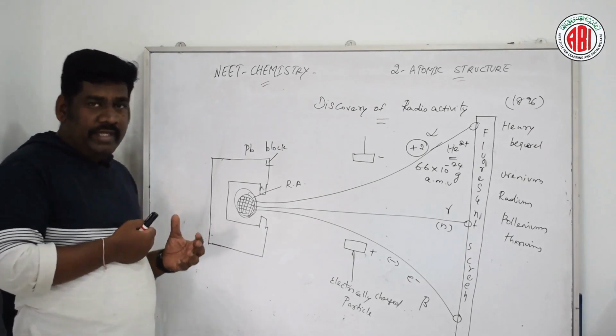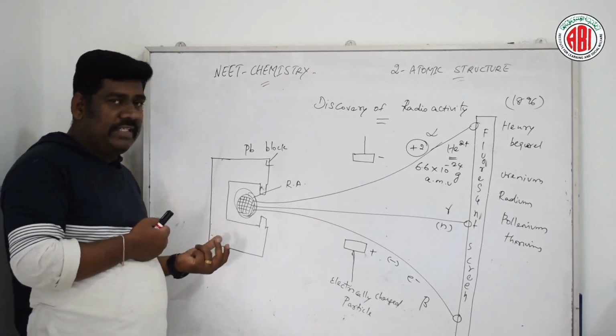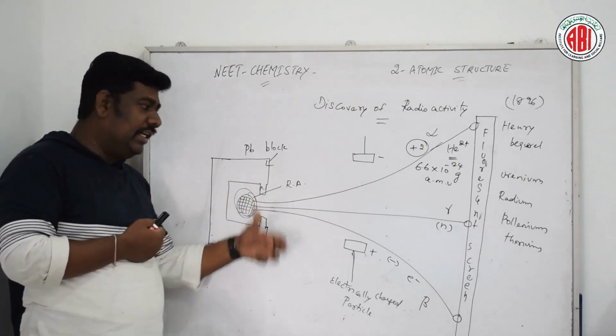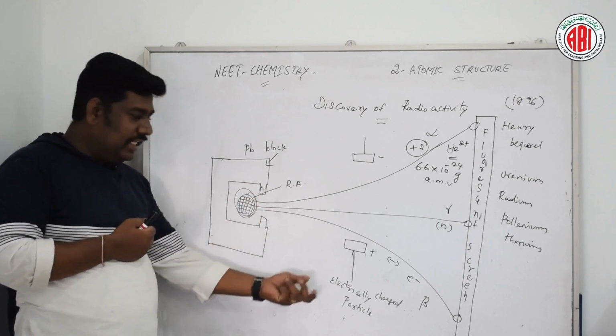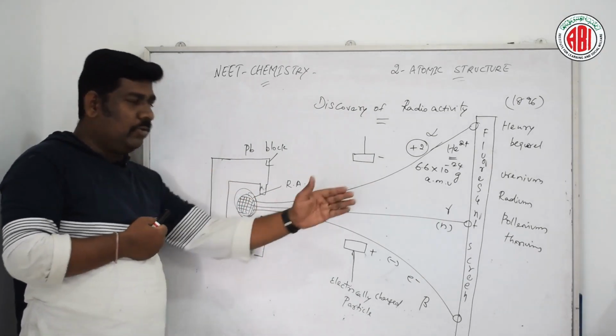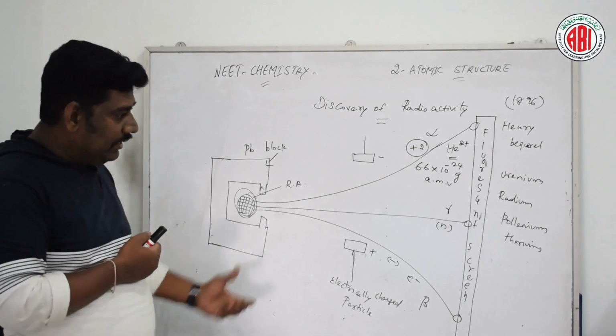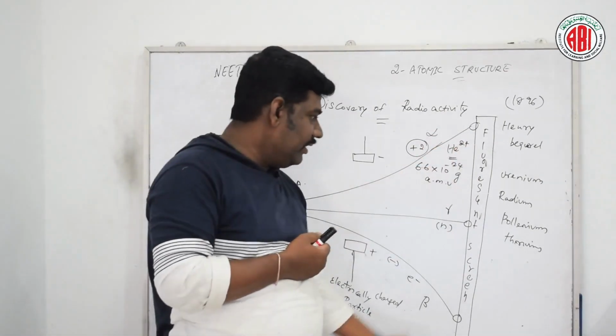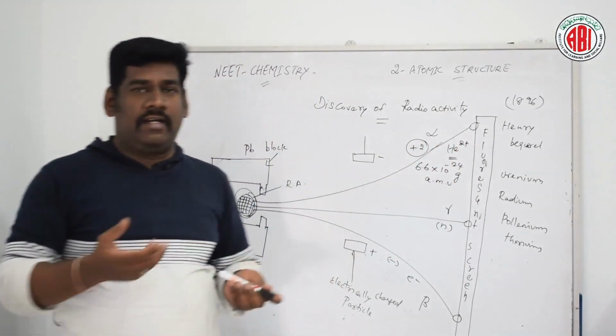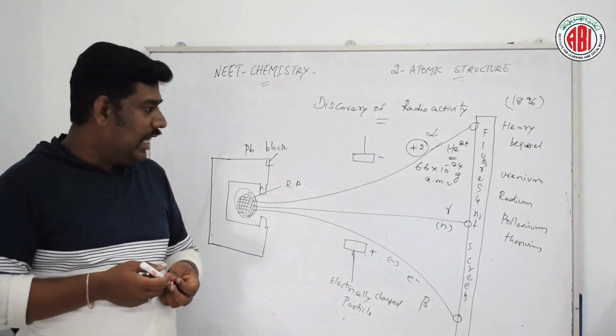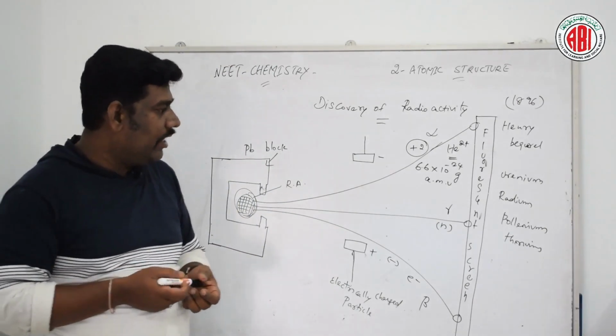And there are a few rays that are not deflected towards either the positively or negatively charged plate; they go in a straight path and are recorded on the fluorescent screen or photographic plate, and these rays are considered to be gamma rays.